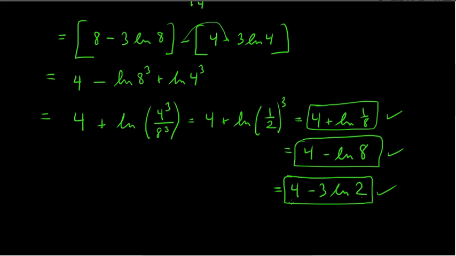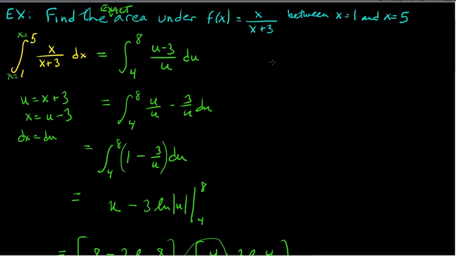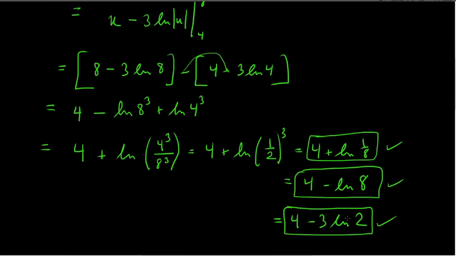So that's it. Again, you can get the approximate answer, but let's say the question was to find the exact area. In fact, that's probably what it's going to say. Find the exact area, which means you're not going to approximate this. You want one of these exact forms here.